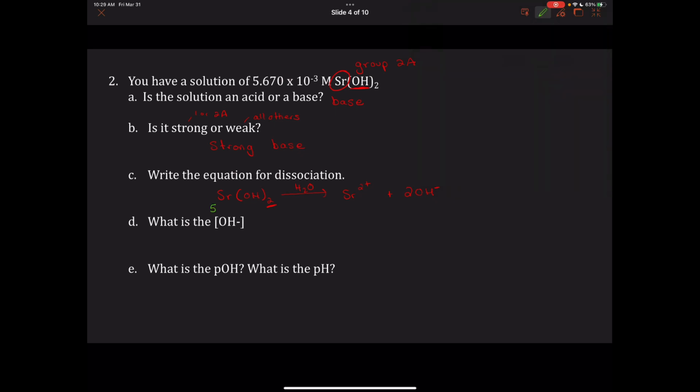So if I start with 5.670 times 10 to the negative third molar of my base, I'm going to produce 5.670 times 10 to the negative third molar of my strontium, and I'm producing twice that for my hydroxide.